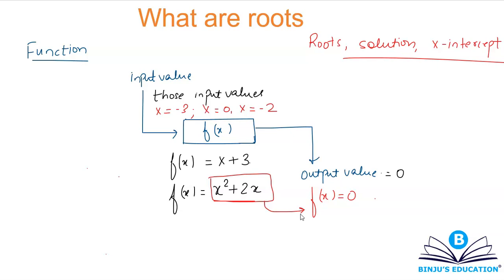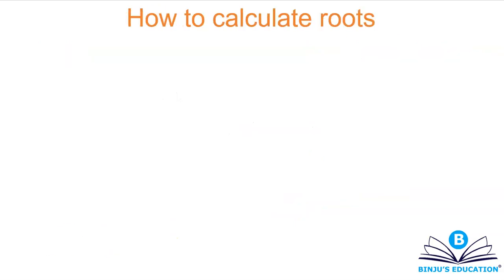The next thing is how do you calculate them? When you talk about calculating roots for a quadratic equation, there are two ways. Let me write the general form of a quadratic equation. The general form is ax² + bx + c, where a, b and c are constants.